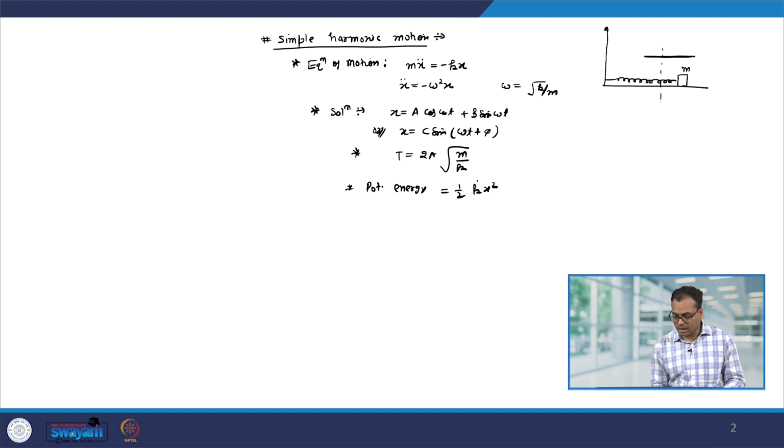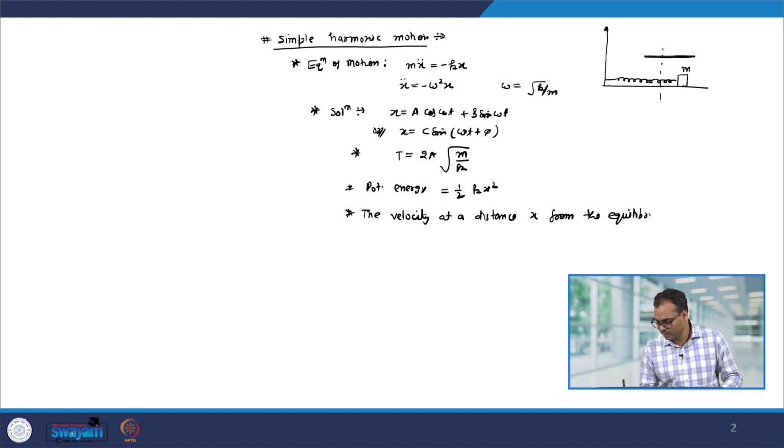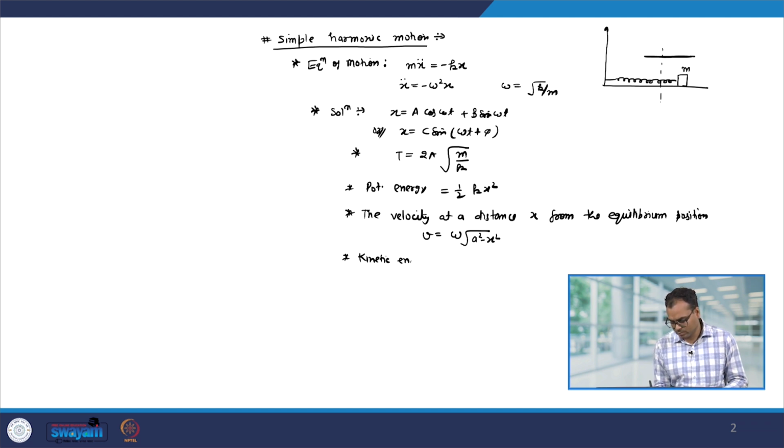Now, we also saw that the velocity at a distance x from the equilibrium position is v equal to omega square root a square minus x square, and therefore, the kinetic energy was half k (a square minus x square).